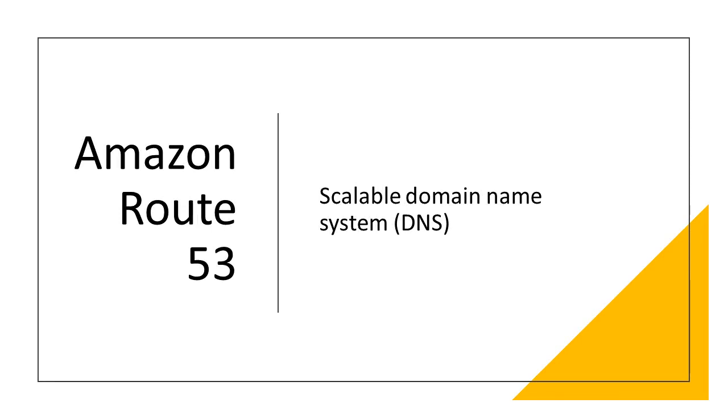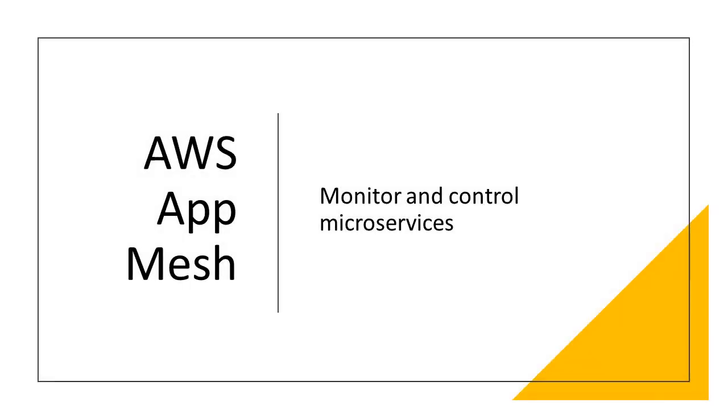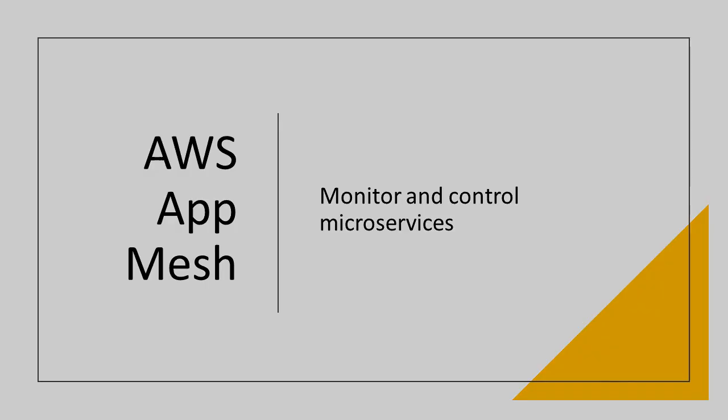Amazon Route 53 is a highly available and scalable cloud domain name system, DNS, web service. AWS App Mesh Service. AWS App Mesh is a service mesh that provides application-level networking to make it easy for your services to communicate with each other across multiple types of compute infrastructure. App Mesh gives end-to-end visibility and high availability for your applications.